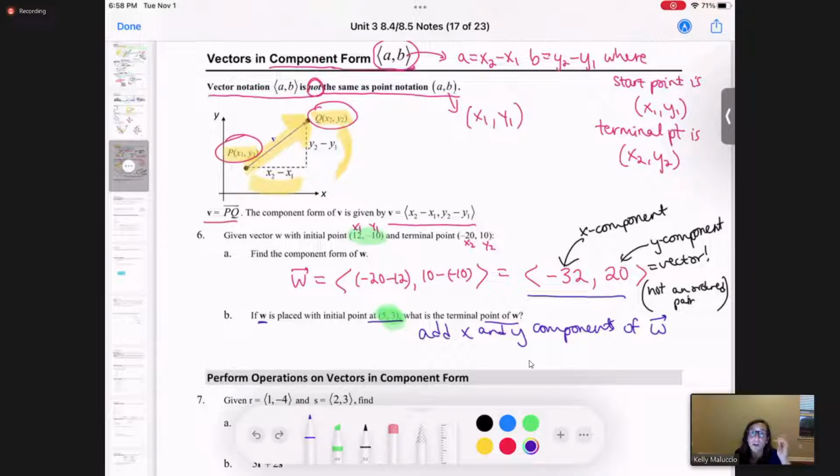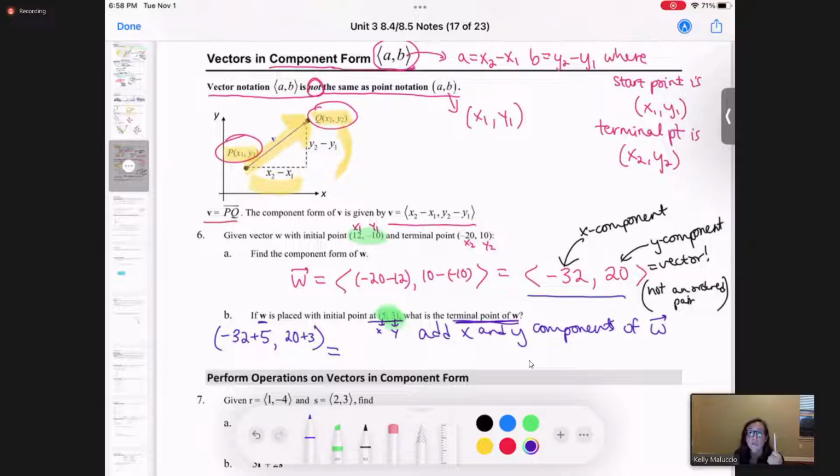So we need to look at the actual vector component-wise. So -32 is the x component, and we add 5 to it, and this is the y of the new point. So -32 plus 5, and then 20 plus 3. Now this is going to equal the terminal point of W. So keep in mind, this is not equal to a vector now.